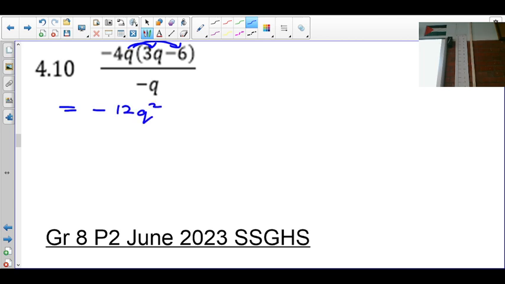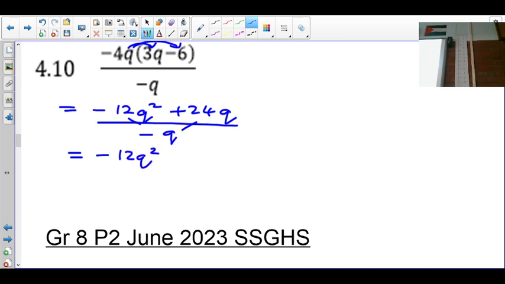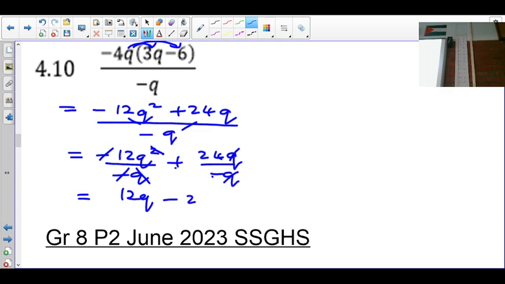Negative 4q times negative 6 is positive 24q, divided by negative q. Now you put each one on its own. So negative 12q squared over negative q plus 24q over negative q. Negative divided by negative is of course positive. That q cancels one of those two, leaves you with 12q. Negative divided by positive is negative. Q's cancel, 24. Correct?